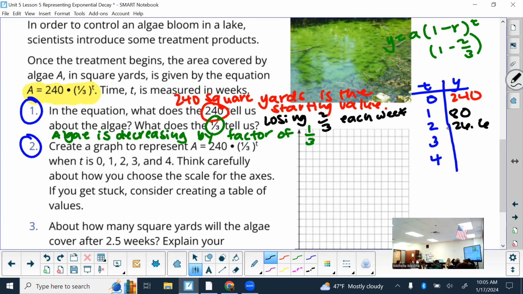Table 9, what about when T is 3? 8.9. And table 10, what about when T is 4? 2.5. Okay, and I think all I need to check is the rounding. We might have some rounding issues, but I think we got it.